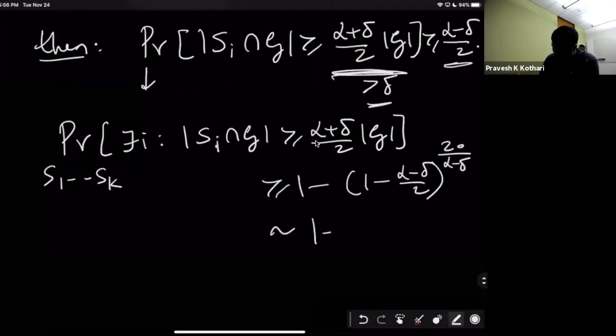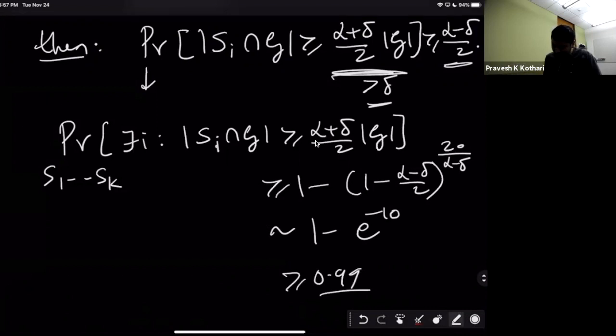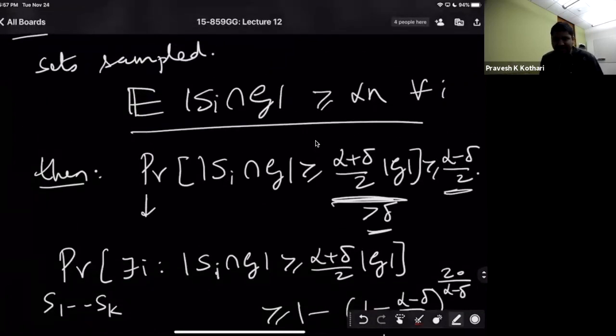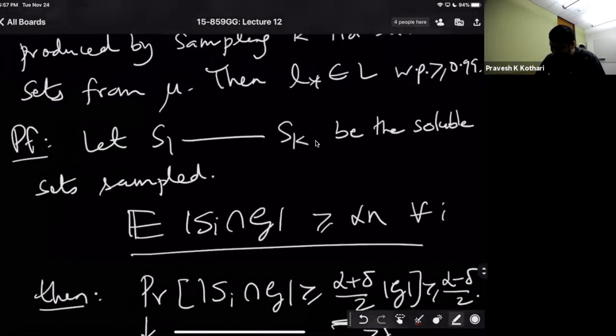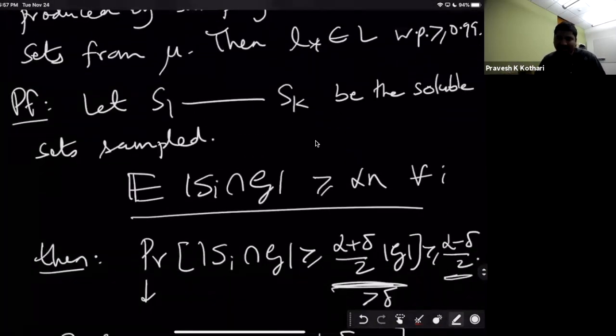You can convince yourself that that's basically about e to the minus 10. I'm going to say that that's bigger than 0.99. Anyway, this argument is really simple. This is just simply saying that if I sample a constant fraction larger than 1 over alpha IID samples, then one of the sets actually will intersect about as much as what the expectation of the distribution indicated. And then I can do the same anti-concentration argument.